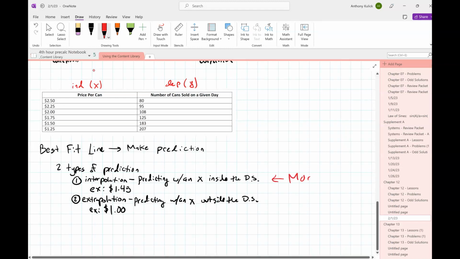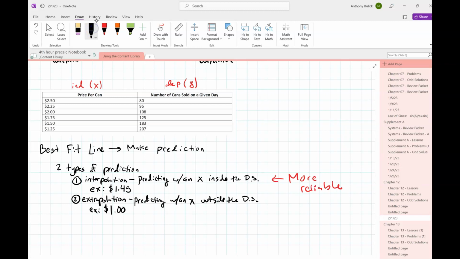Why? Yeah, that's essentially the idea, is that we don't know that this linear relationship is going to continue outside of the data set, right?